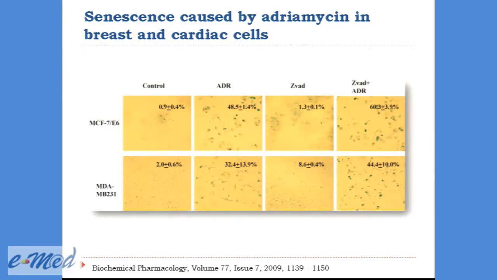So we can see that culturing cardiac cells and exposing them to adriamycin, there is immediate upstaining of beta-galactosidase, which means that they really undergo senescence, which means that it's really true for the heart.